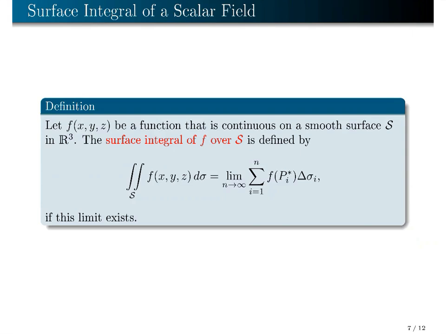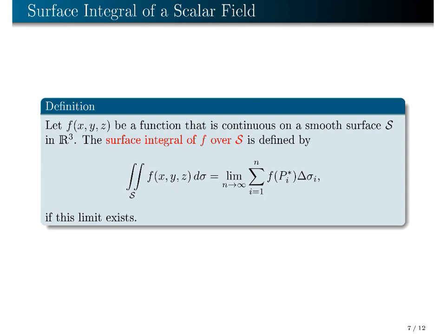We use the following notation. We have a double integral with subscript surface S. We have the integrand f of xyz, and we have d sigma, where sigma represents surface area.